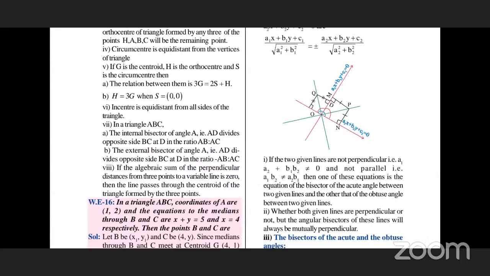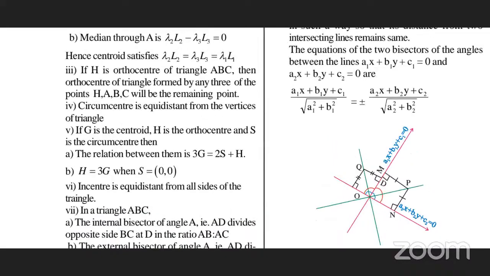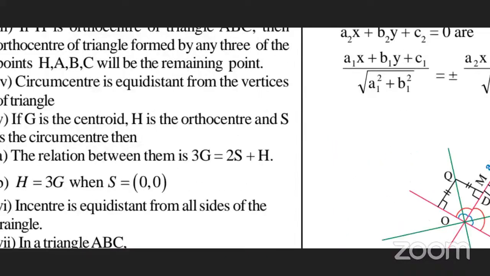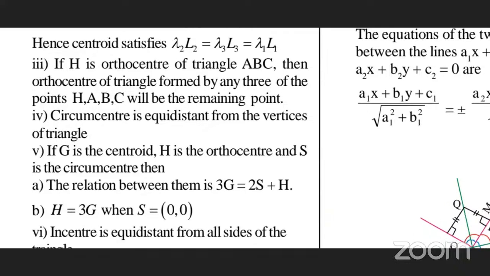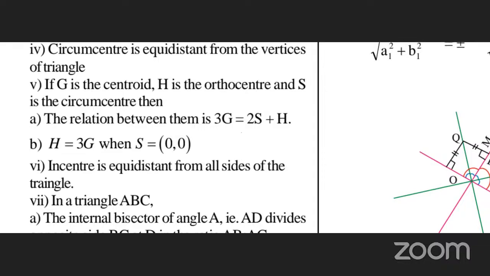That is the relationship. The circumcenter is equidistant from all the vertices of the triangle. If a triangle is there, then the circumcenter is at equal distance from the vertices. It is very important to know the difference.